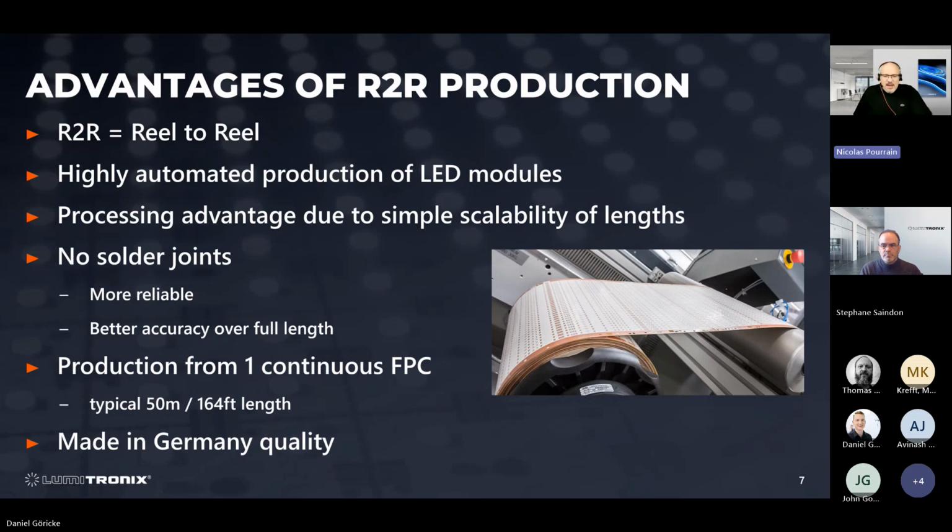Furthermore, reel-to-reel eliminates the need for manual soldering, which is very key, as it can be a weak point in traditional LED strip production, leading to a more reliable and durable product and better mechanical accuracy over the full length compared to the panel-to-panel soldering process.